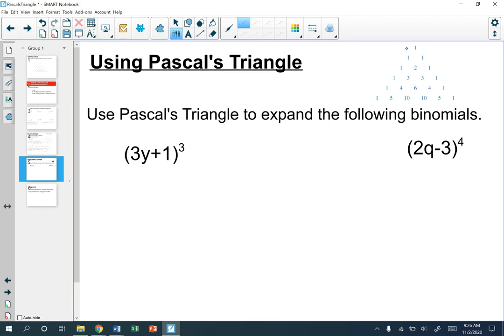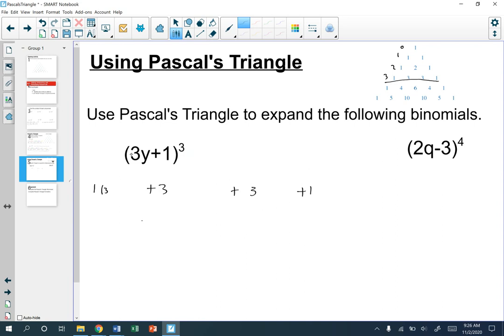So this would be row 0, 1, 2, 3, so we would be looking at this row for the first one. I'm going to go ahead and write my coefficients, 1, and we're adding, so the signs are going to stay the same. And then remember my exponent needs to add to be 3 in this case.